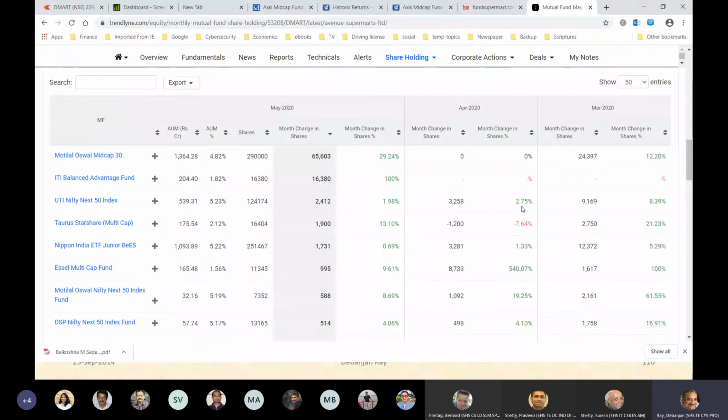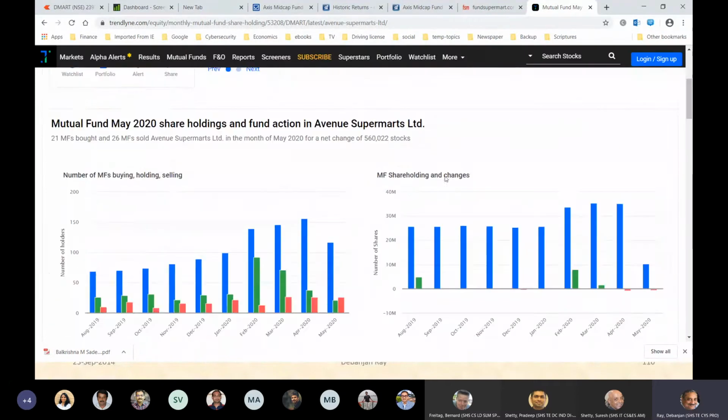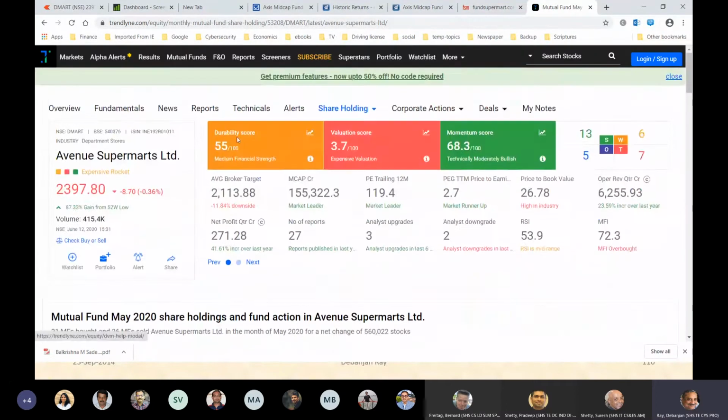I showed you in one of the checklists in the earlier slide that if you are selecting a stock and nobody is interested in it, it is better to avoid the stock, because you are not going to decide the market pool. It is the mutual fund managers who decide the market pool. And this gives statistics on how people are buying and selling.